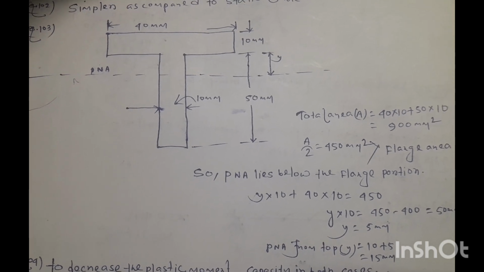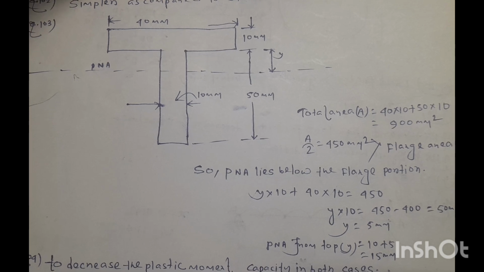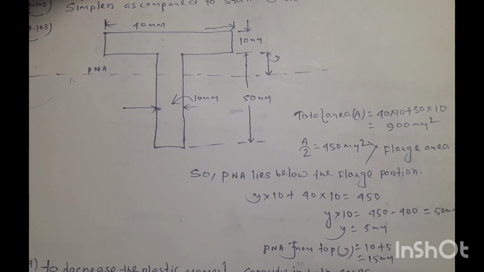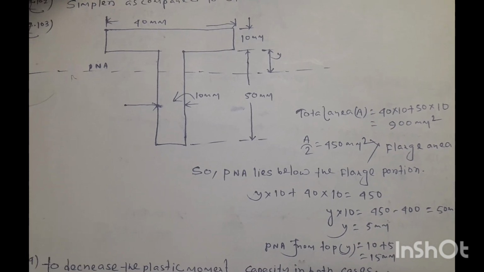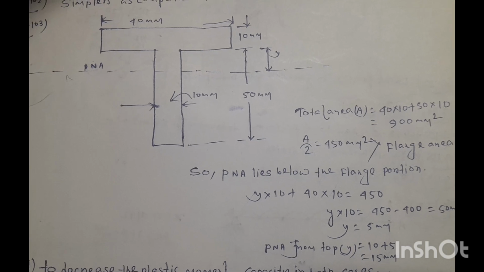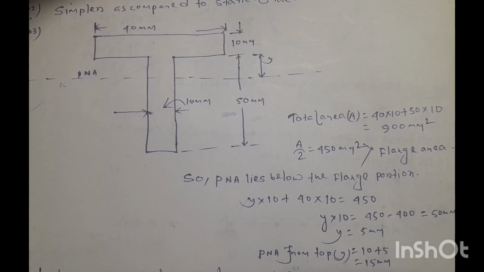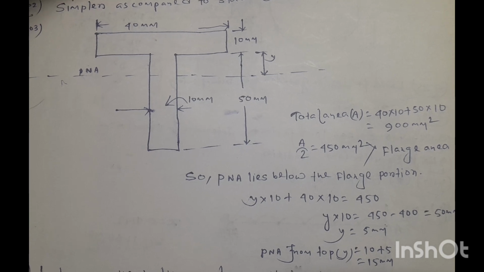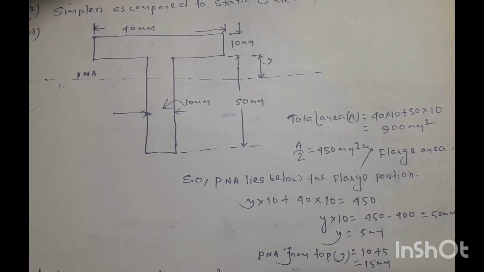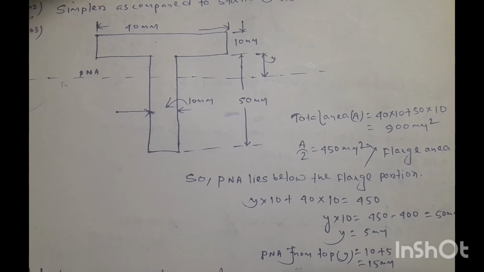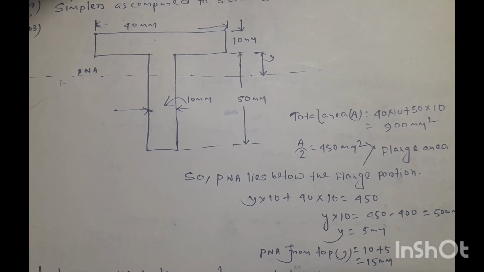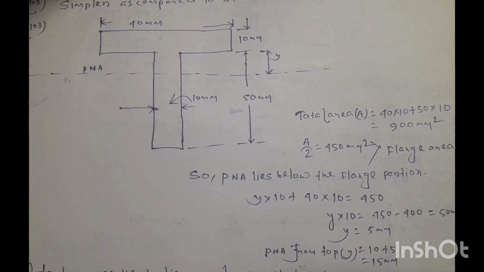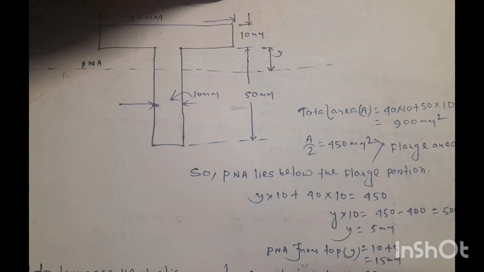So first of all we have to find out where the plastic neutral axis lies. Half of the section area will be 450 millimeter square, and the flange area is 40 into 10, which is equal to 400 millimeter square. So clearly we can say the plastic neutral axis lies below the flange portion.